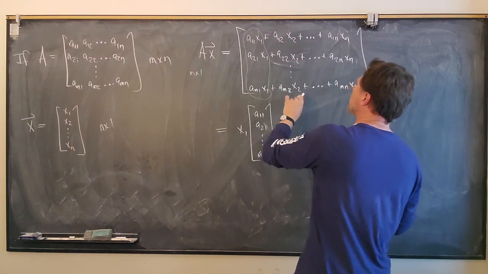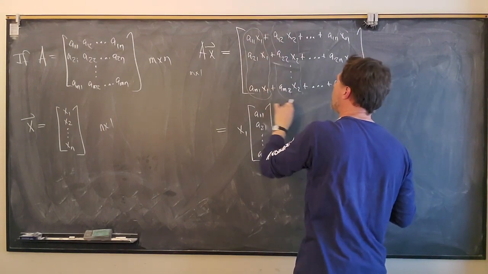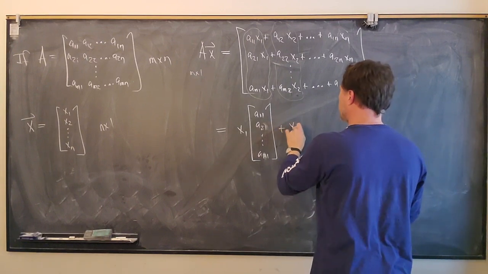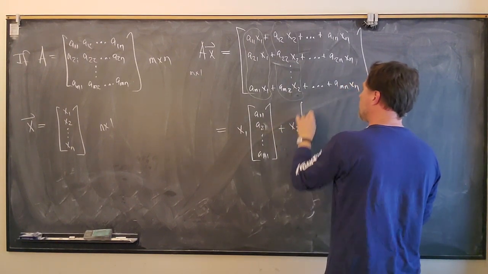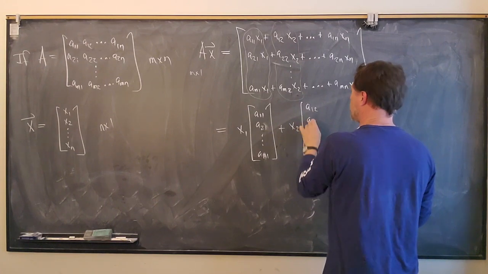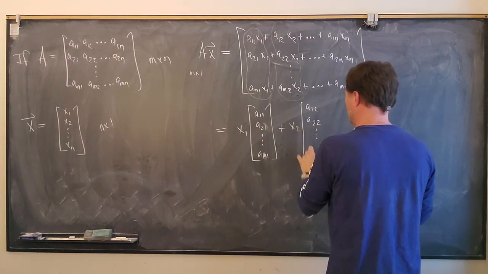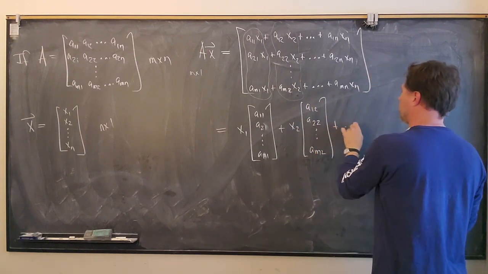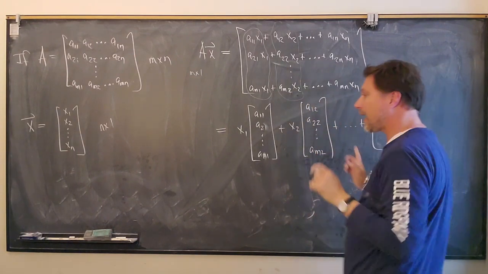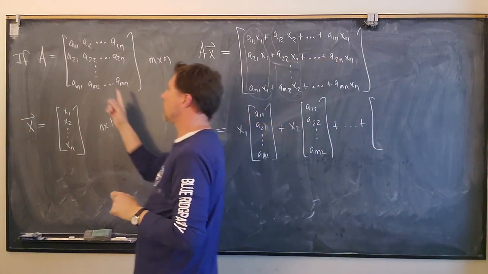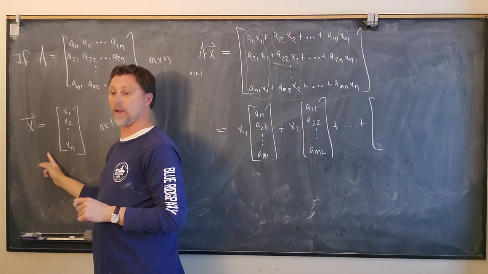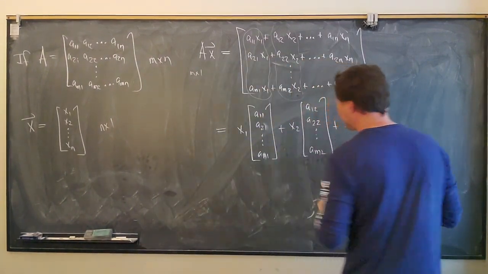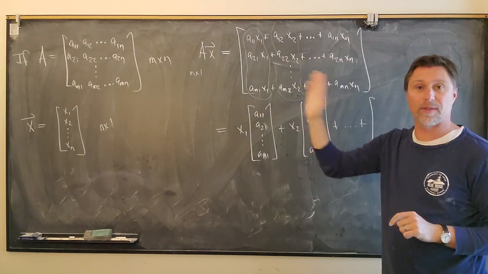And then, if you look at this next portion right there, that's x2 times the second column of A. So we've got x2 times A12, A22, dot, dot, dot, Am2. And you keep going, what you'll notice is that this matrix A times this column vector can be expressed as a linear combination of the columns of capital A.